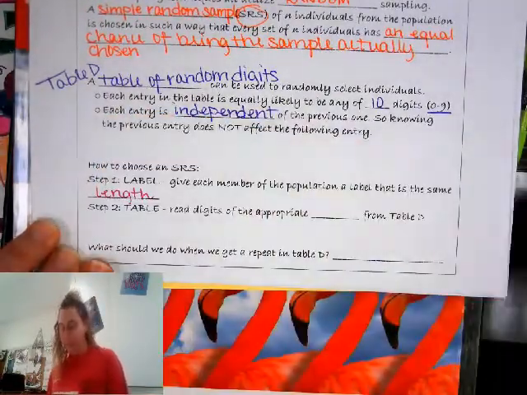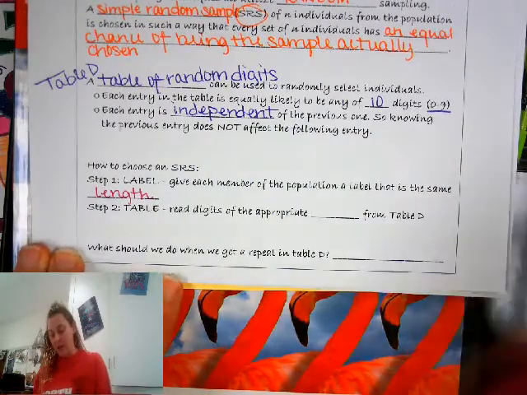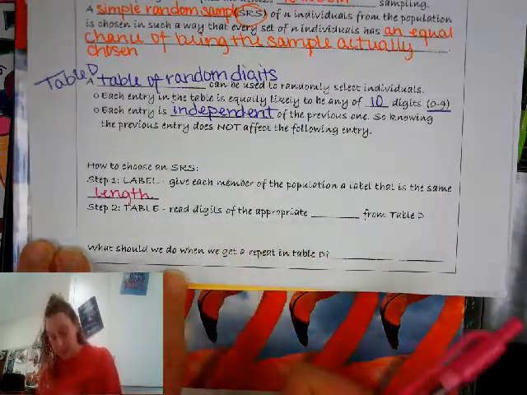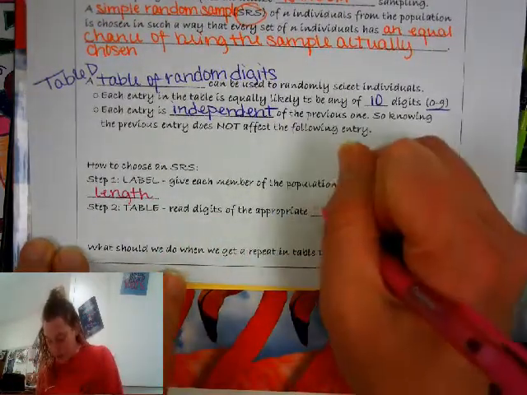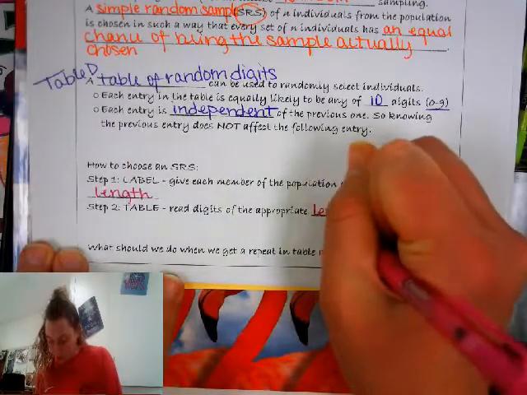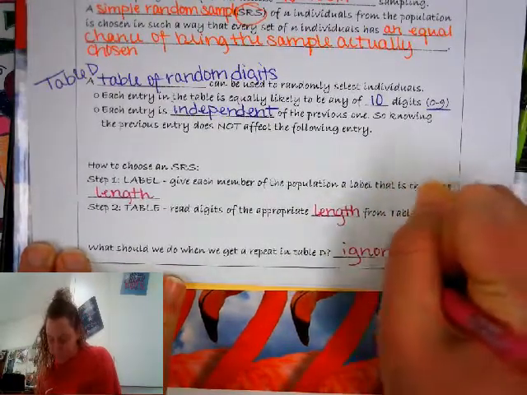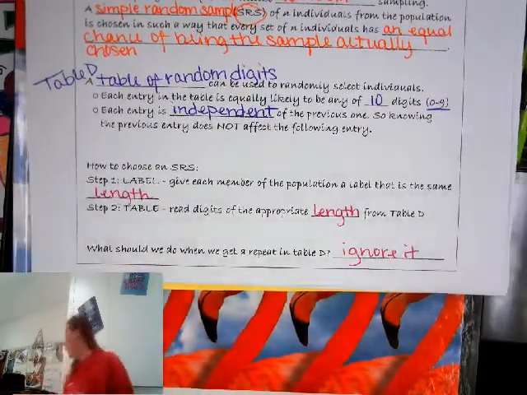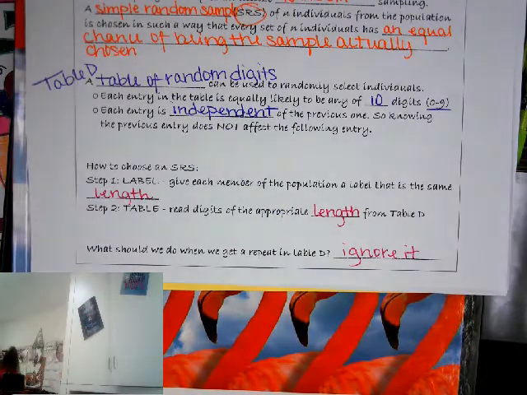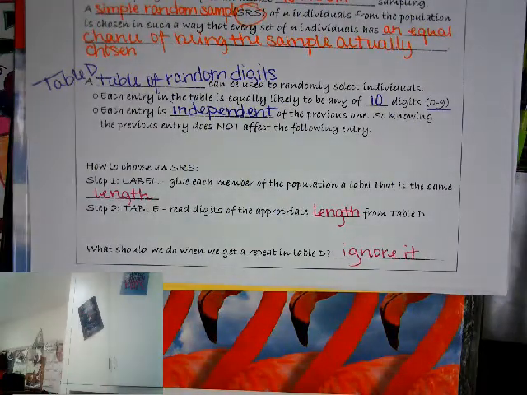And then we have to read digits of the appropriate length from table D. And if we get a repeat, we ignore it. And yes, I'm going to go over how to use it again, although I put it over here for some odd reason.